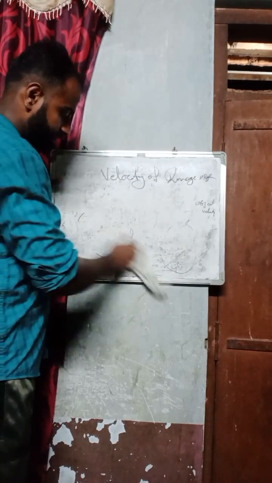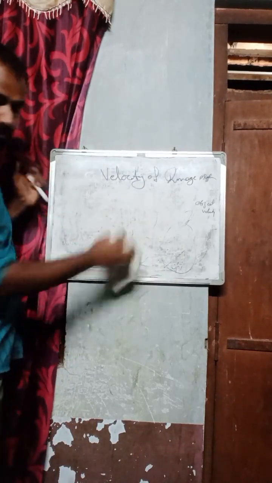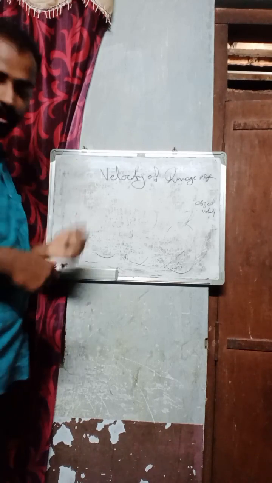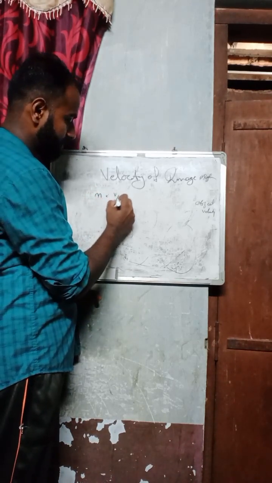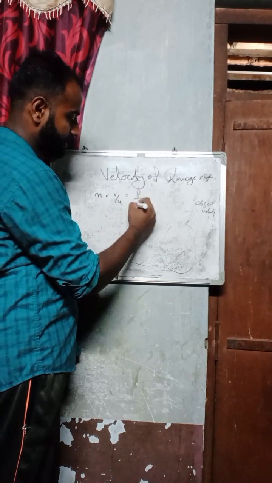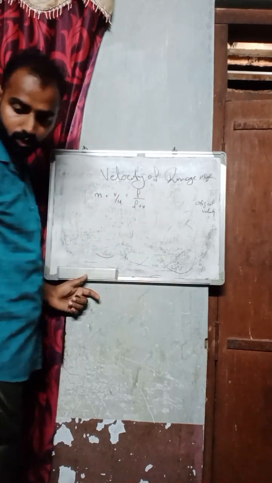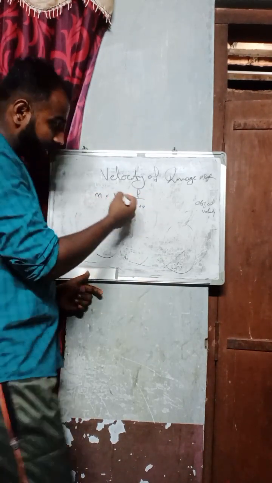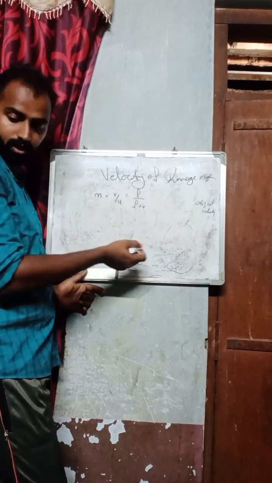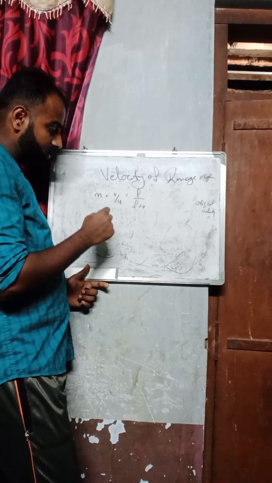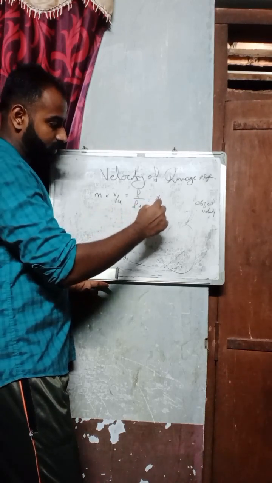Then second one, I can take lateral magnification. M is V by U is F by F plus U. Here I can change U here, and dt. This is yi by yo.